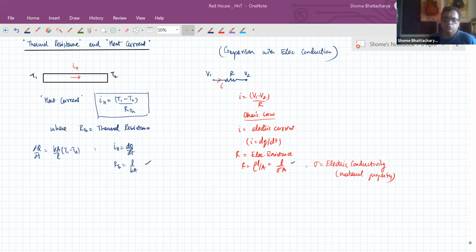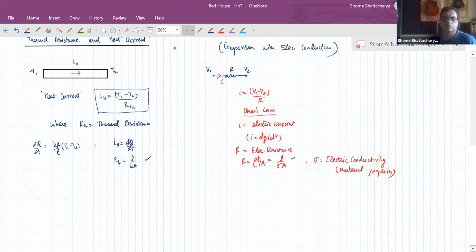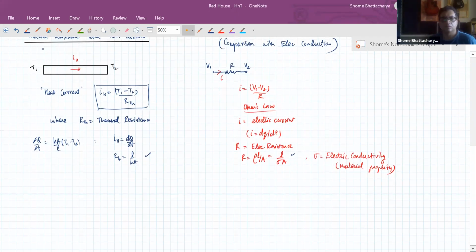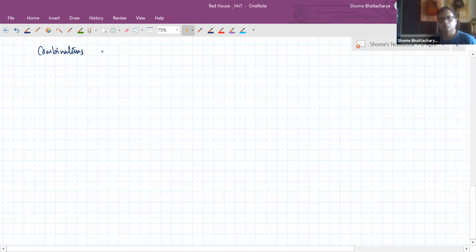Now we can use this concept in any combination of conductors directly and reduce the problem to an equivalent circuit problem.